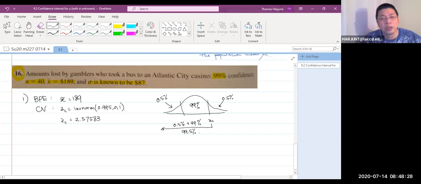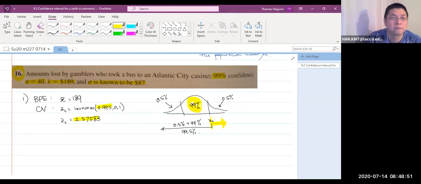So you see, the larger the confidence level, the smaller the tail. The smaller the tail, the further this z-score goes to the right. So the z-score will get larger as the confidence level increases. Then the second step, how about the margin of error?